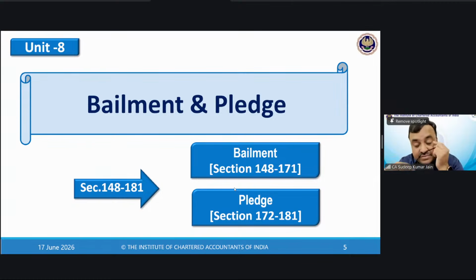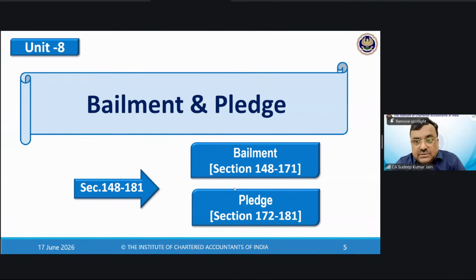Bailment means to give something to someone for a specific purpose or for a specific period, with the condition that after the accomplishment of the purpose or expiry of the period, the goods will be returned to the person who delivered.